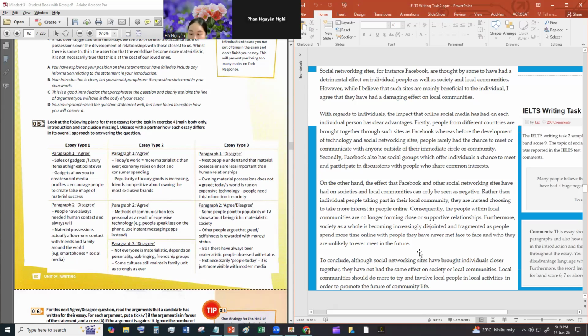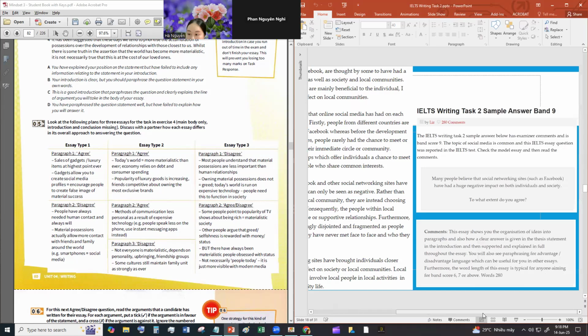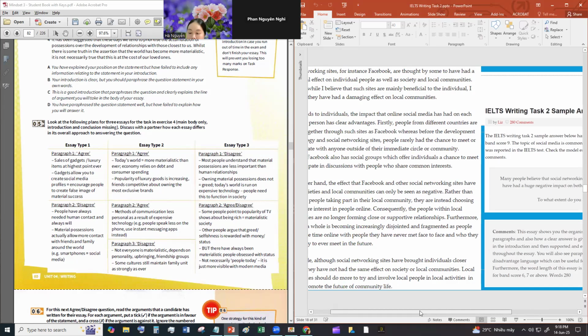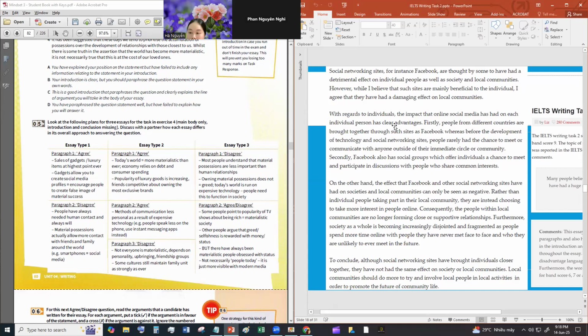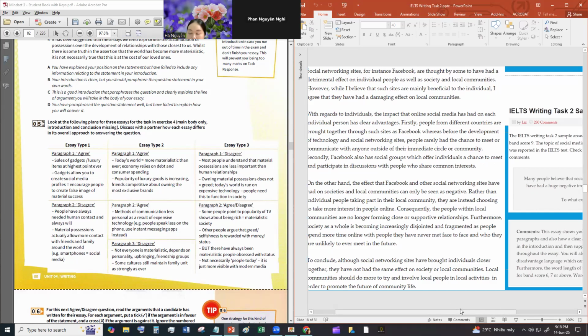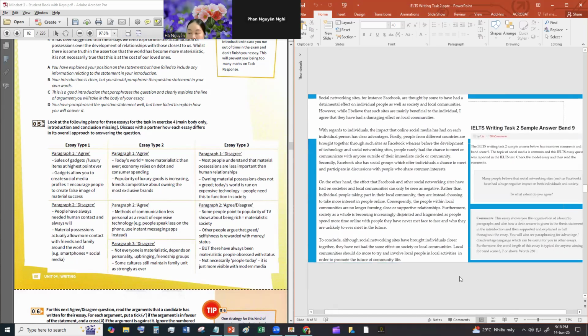Okay, here's the question again. Many people believe that social networking sites such as Facebook have had a huge negative impact on both individuals and society. To what extent do you agree? So, body paragraph 1, does it agree or disagree with the statement in the question? It's agree.